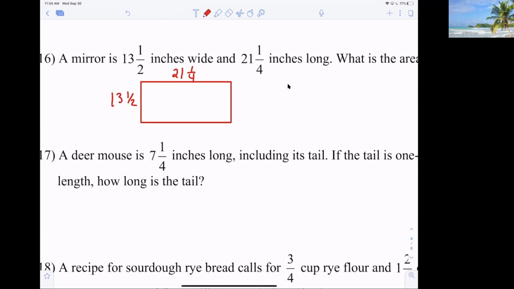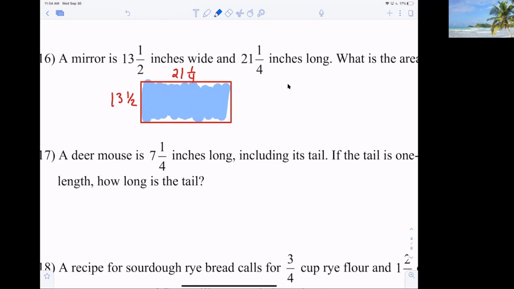Now, why did I put the 21 1/4 on the long side and the 13 1/2 on the short side? Yeah, the 21 1/4 is bigger. All right. So now, Cole, do you remember from yesterday how do I find the area? Come on. Scroll back and look.